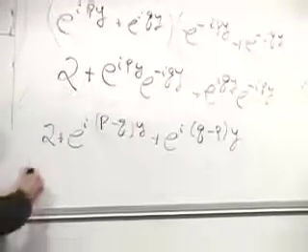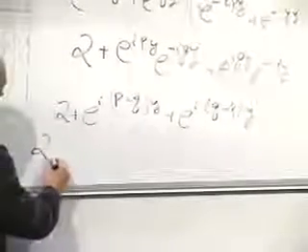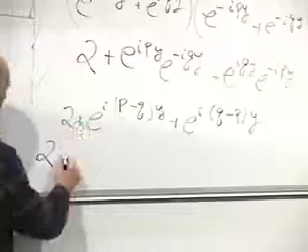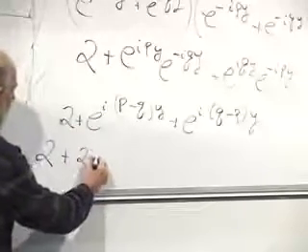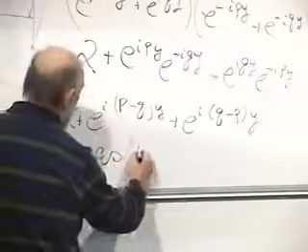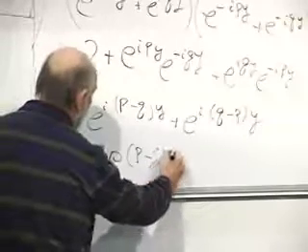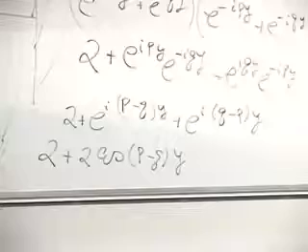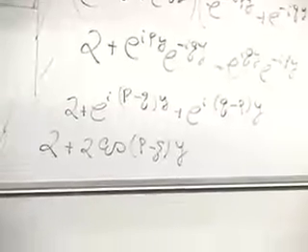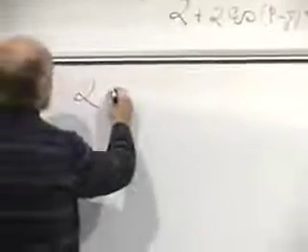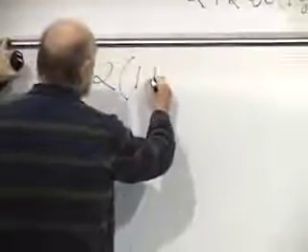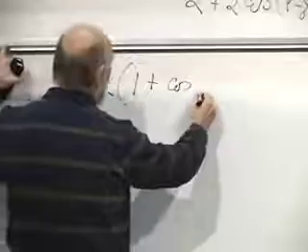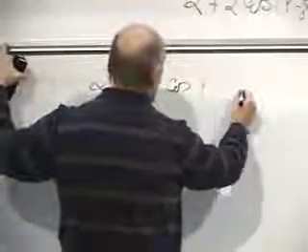So this becomes 2 plus 2 cosine of (p minus q) y, or even simpler, just twice 1 plus cosine of (p minus q) y.